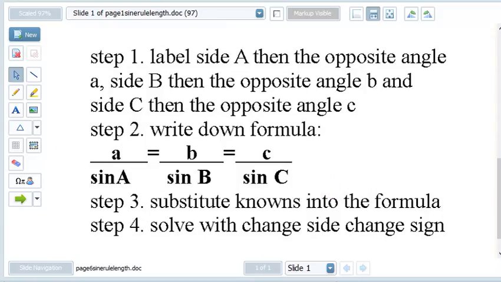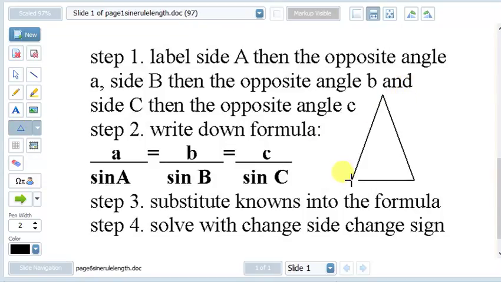Okay, so first of all I'm going to show you how to label the triangle. How we label the triangle is we choose any vertex for A, B and C. So I'm going to choose this one here as A, this one up there as B, and this one there as C. The length opposite the vertex is the lowercase equivalent.